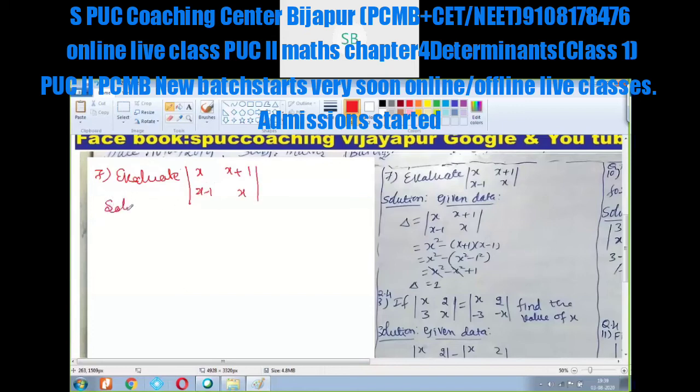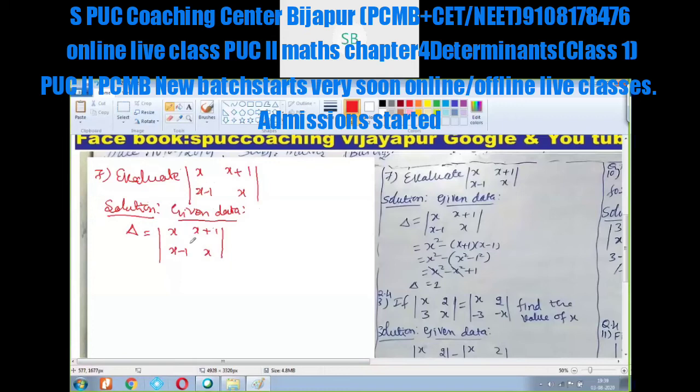So solution: mention the given data. He has not given a name, so take it as delta, the given data. So I am going to choose delta is equal to whatever determinant he has given, mention it: x, x plus 1, next x minus 1, x.